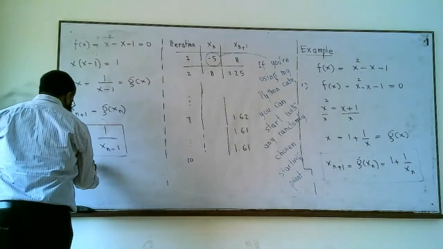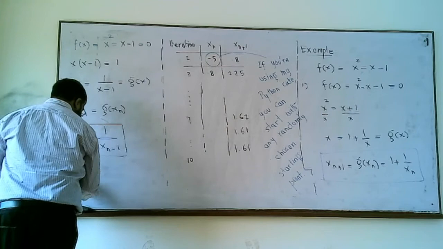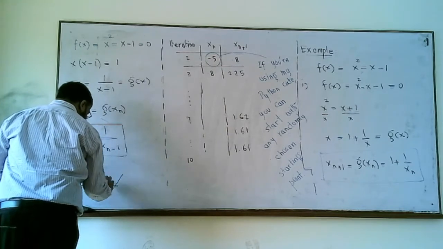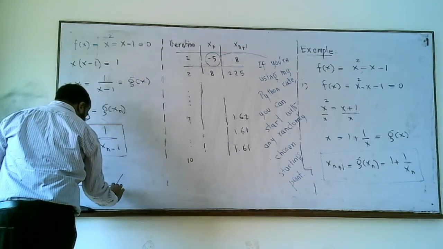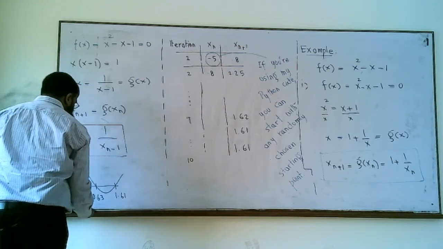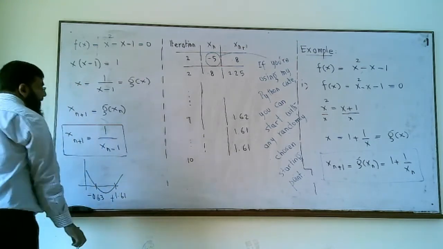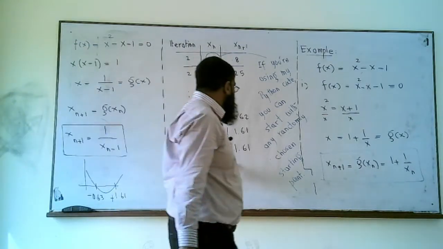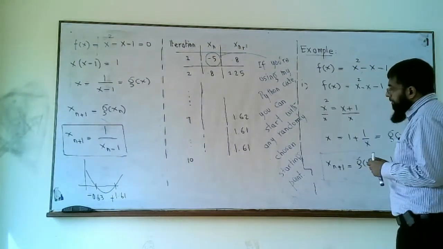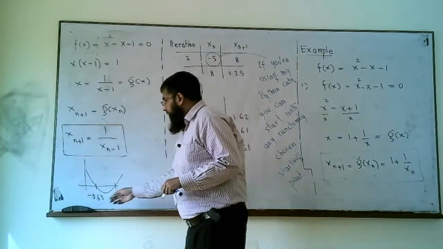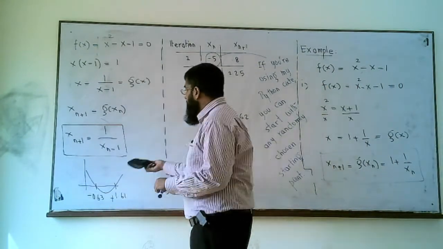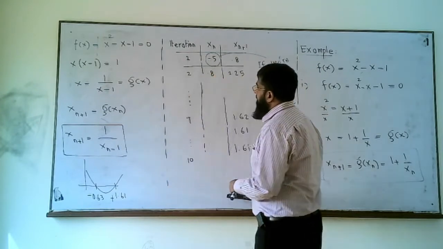We know we have two roots for this f(x). One root is at minus 0.63, the other root is at positive 1.61. Using the previous expression, we reached the second root, 1.61.